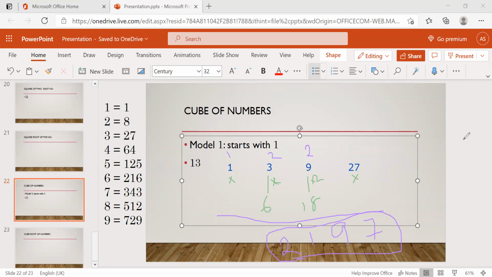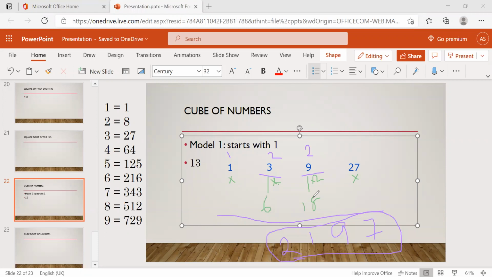Is it clear how I am doing it? First of all, write 1, 3, and 3 square is 9, 3 cube is 27. Then double the middle numbers. Only the middle 2 numbers. Leave the first number, leave the last number. Just double these numbers. Then add.